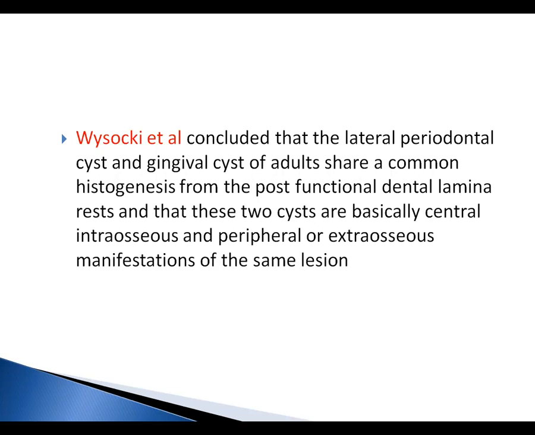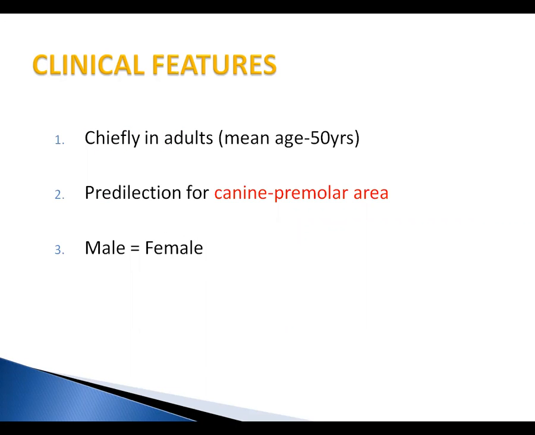Wysocki et al. concluded that the lateral periodontal cyst and gingival cyst of adults share a common histogenesis from the post-functional dental lamina rest, and that these two cysts are basically central, intraosseous and peripheral or extraosseous manifestations of the same region. Clinical feature: chiefly in adults, predilection for the canine premolar area, and males and females are equally affected.